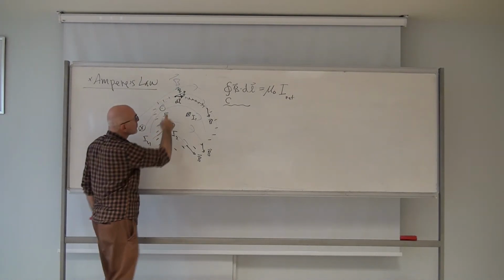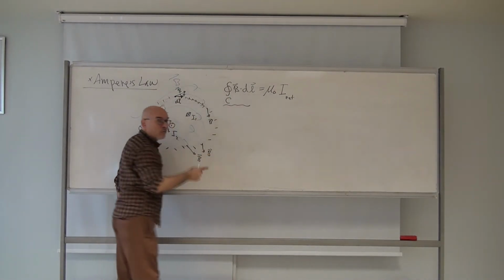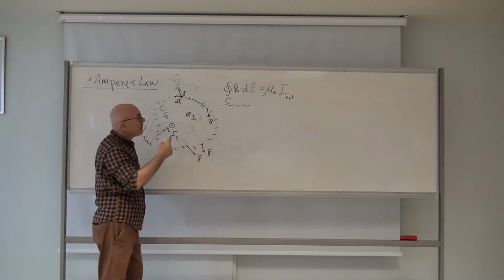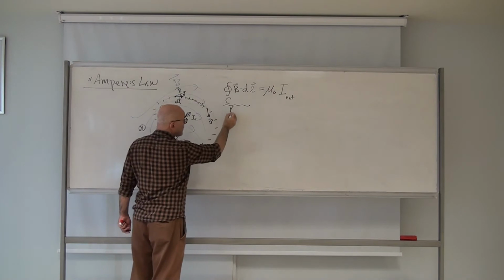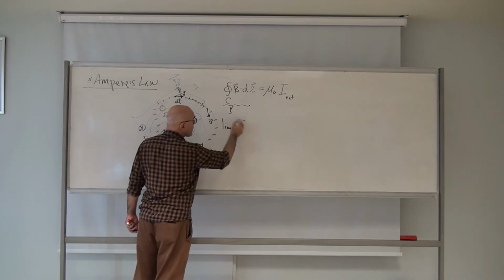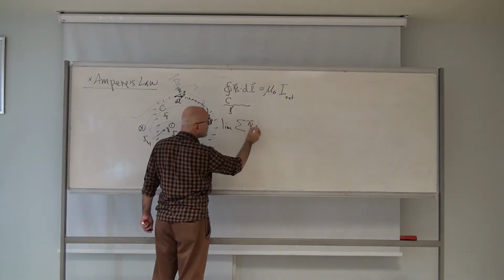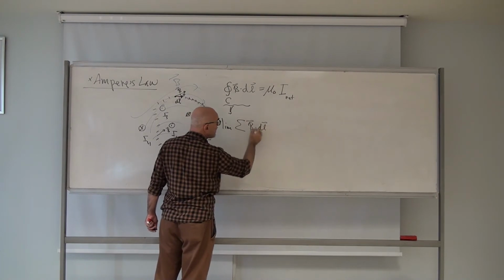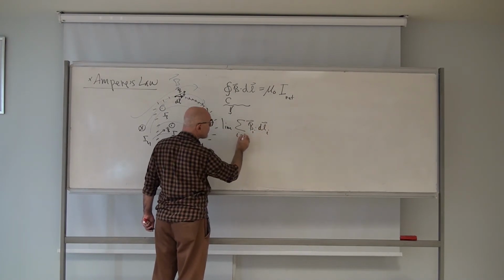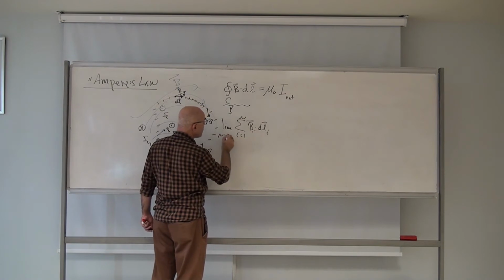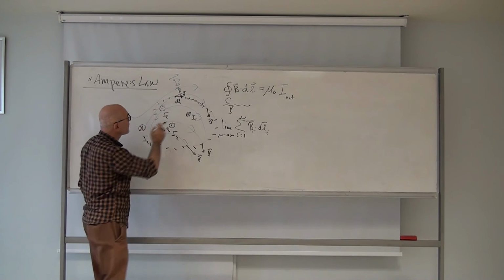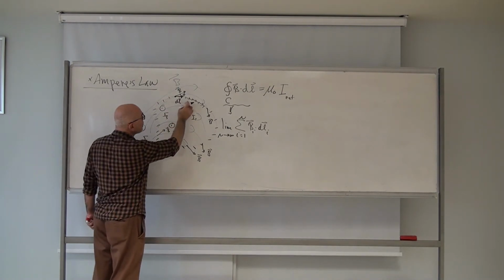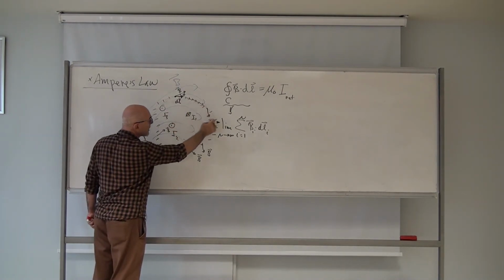Why is this? Because look, what does this integral mean? It is actually the limit of the summation of Bi dot dli when n goes to infinity. You might also call this delta Li, that's irrelevant. So this is delta L1, delta L2, delta L3, and so on.